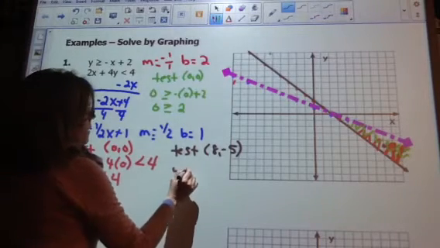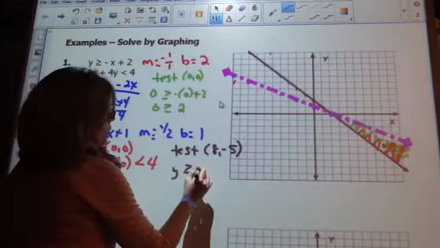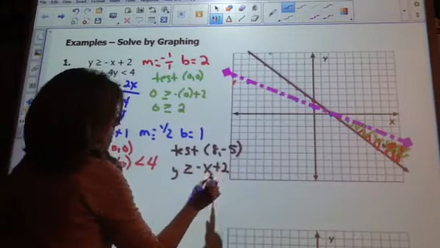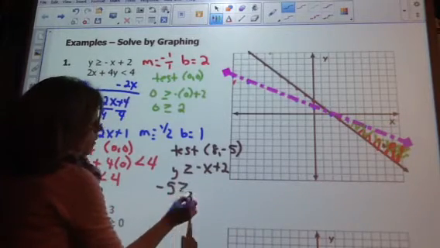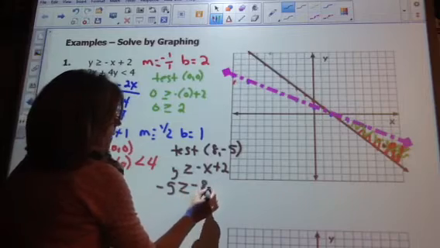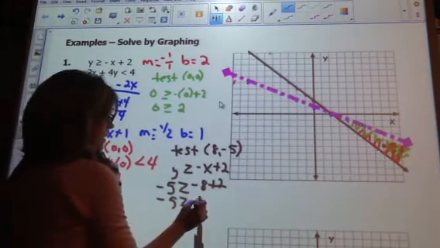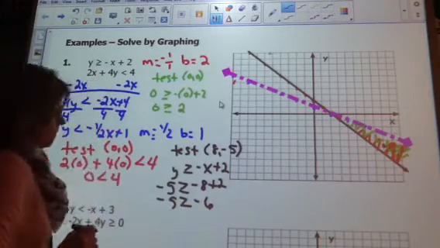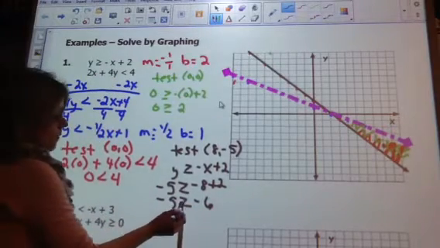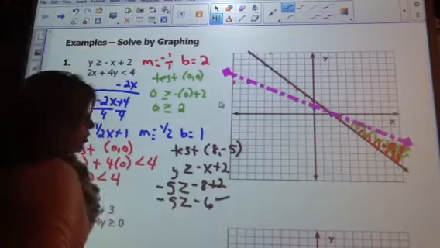When y is greater than or equal to negative x plus 2, it's negative 5 greater than or equal to negative 8 plus 2. So negative 5 is greater than negative 6. Check.